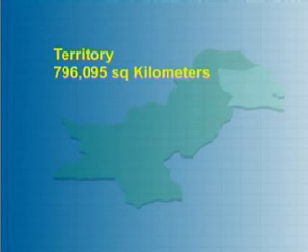Pakistan's territory is 796,095 square kilometers. You could simplify this figure by saying that the territory is 796,100 square kilometers.